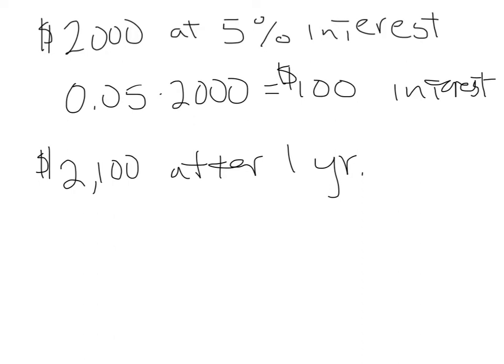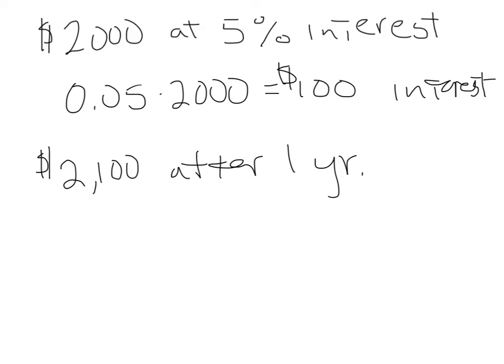But compound interest, which is what we're interested in here, means that we now have $2,100 in our bank account after a year, and we should get interest on $2,100 because that's how much we have in our account. And we're getting 5% interest on our account.